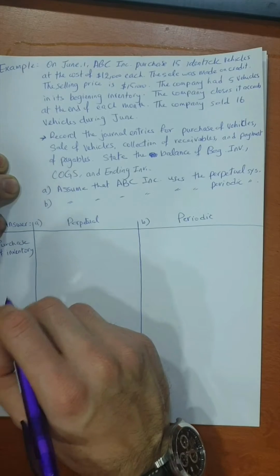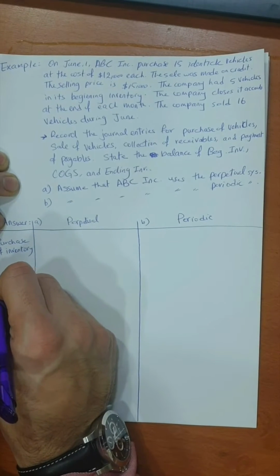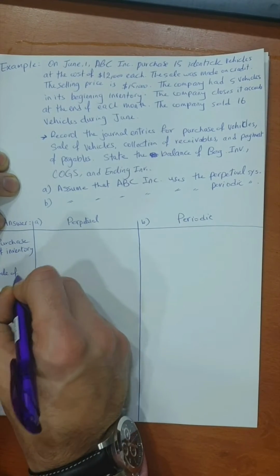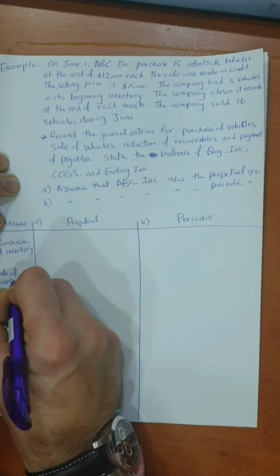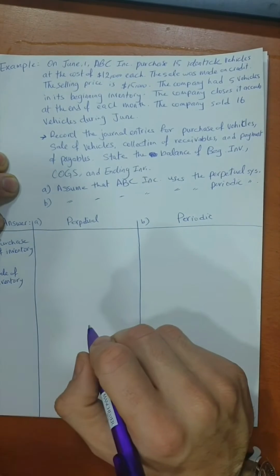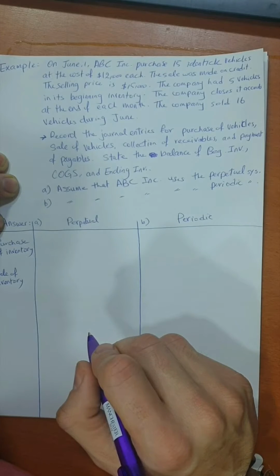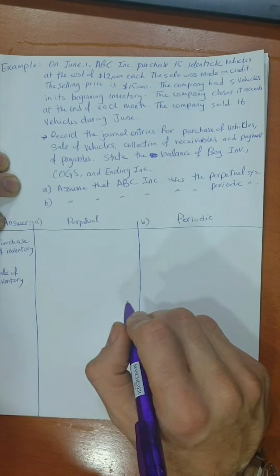Then they asked for sale of inventory. Then for collection of receivables.